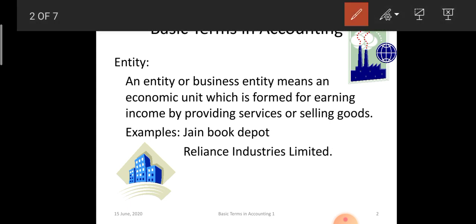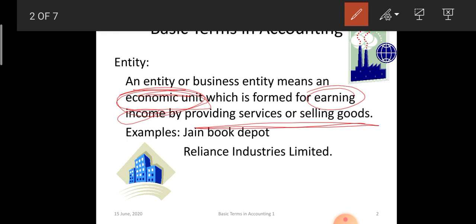Again, entity means an economic unit. What is it? It is an economic unit formed for earning income by providing services or selling goods or manufacturing goods.